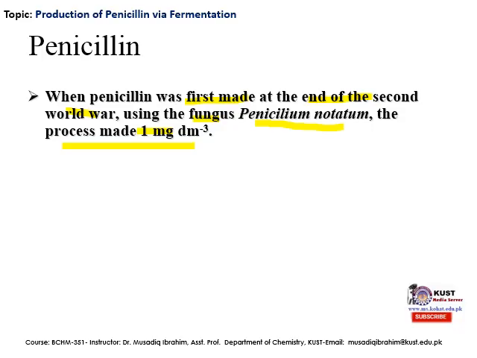At the time of the Second World War, as there was a high need of the antibiotic penicillin, and you can assume that the quantity or the percent yield of the penicillin was very low at that time, a lot of fermentation tanks were being utilized to produce the maximum amount of penicillin so that it may be available to the soldiers for treating their infections.